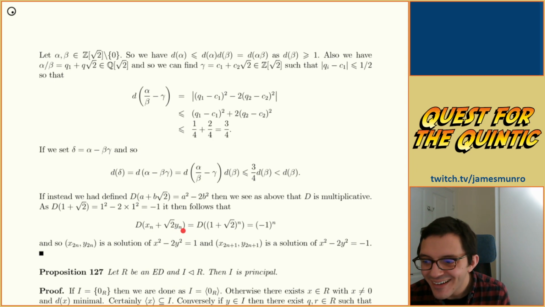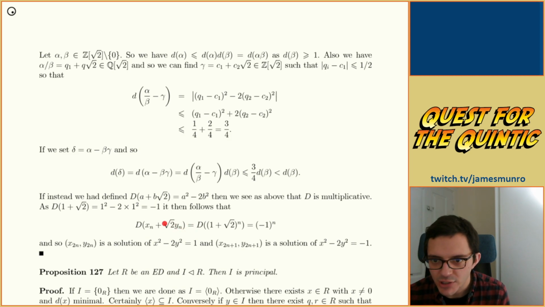What is going on? Oh, so you can do... This is like... to generate a sequence. Every other one... Right, hang on. Every other one... x_n plus root 2 y_n.